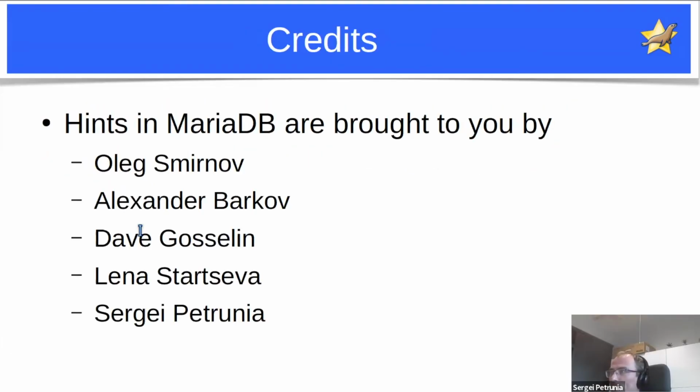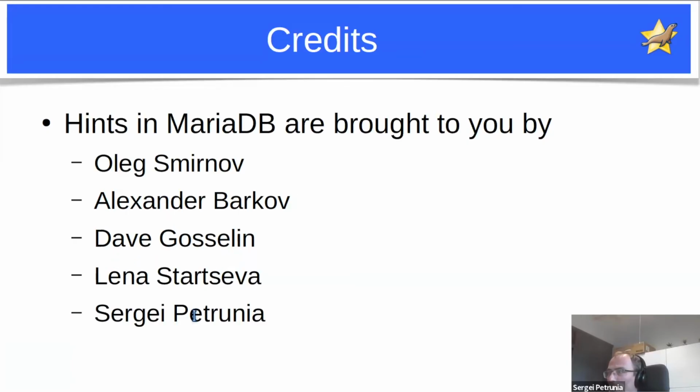Hints in MariaDB: the people who were involved were Alex Smirnov, who started developing it. Alexander Barkov provided the parser for hint syntax. Dave Gosling joined, implementing more hints for various optimizations and improving QB name now.